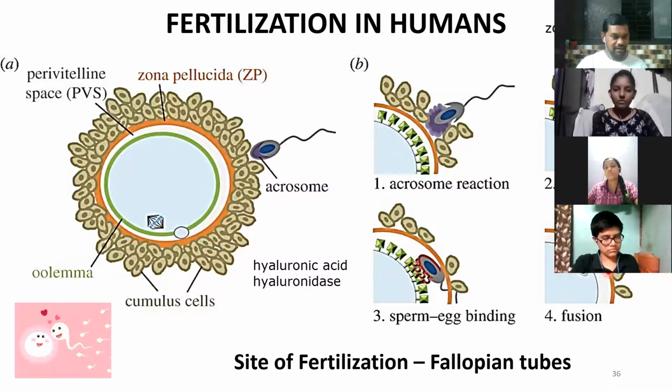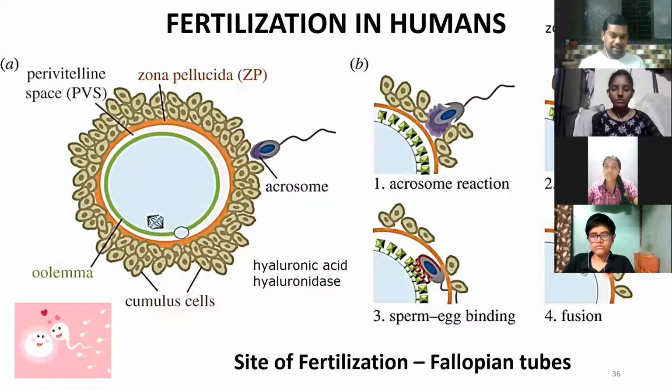The corpus luteum will be maintained, the progesterone hormone will be released, and the uterus will be where this zygote will ultimately develop into the fetus. So the menstrual cycle will temporarily stop at this phase. For approximately 1 year, pregnancy followed by delivery, followed by the next 2-3 months, there won't be any menstrual cycle. That's again a very important point to be remembered.